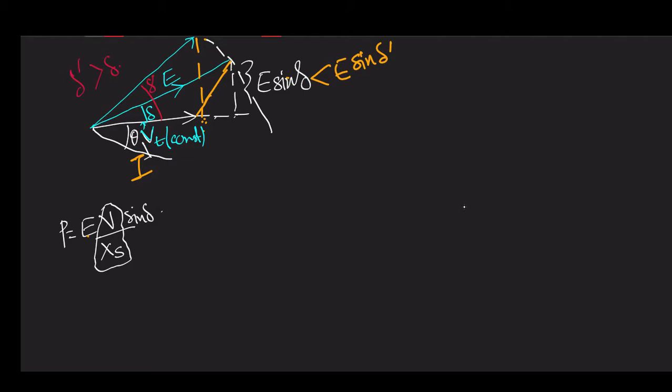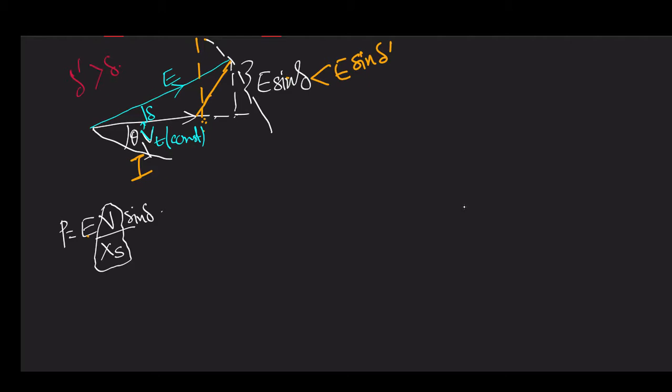Another case you can have is that if you do not alter delta, if you keep delta constant, but we start varying this E. Now obviously if you vary E, what would happen?